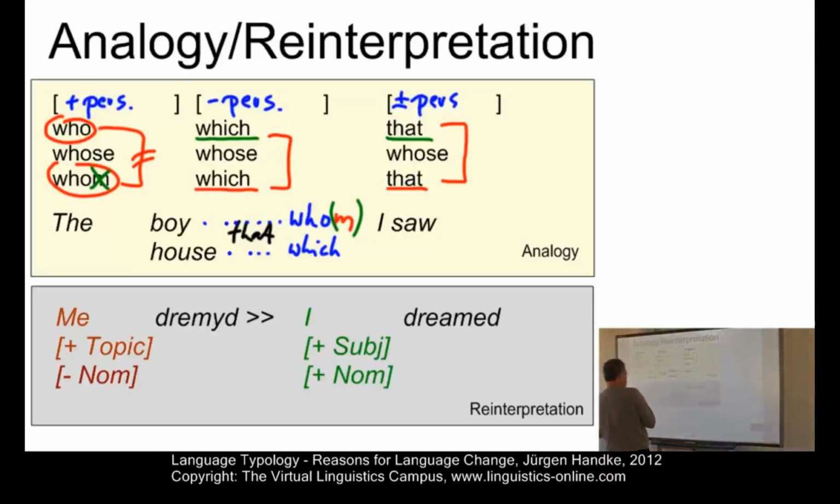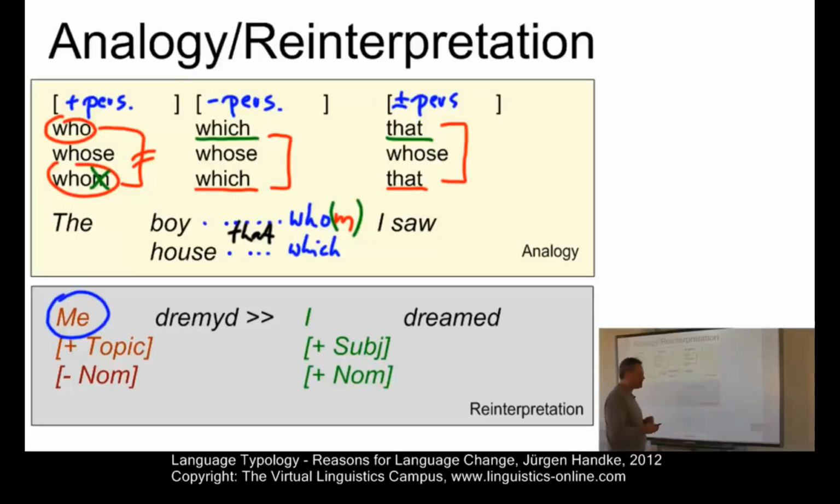So a form like me dremit, with the topic me, didn't involve a subject that in terms of pronouns is normally marked in the nominative case. But me is certainly not a nominative marked pronoun. So there was no subject.